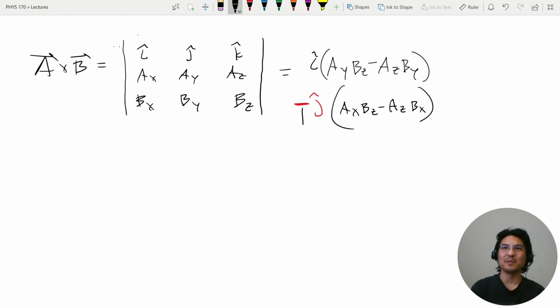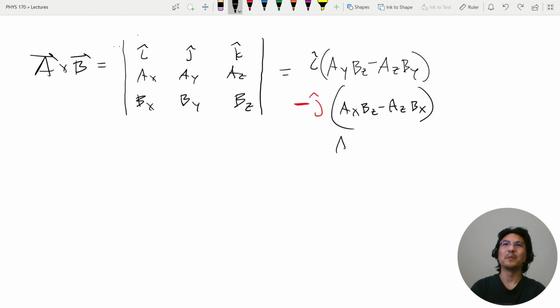And you can always multiply the minus in here, so instead you'll have AZBX minus AXBZ, and then this will be a plus. So just don't forget this minus sign right here.